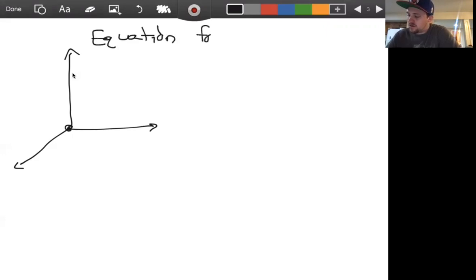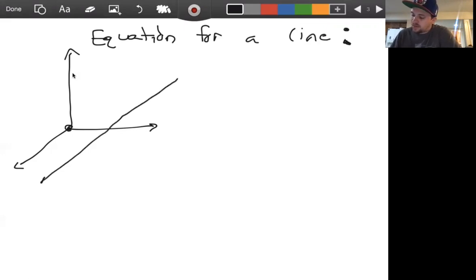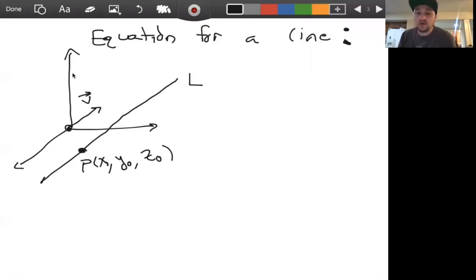Let's imagine we have some line L passing through the point P, x naught, y naught, z naught. Let's let V be a vector that's parallel to L.